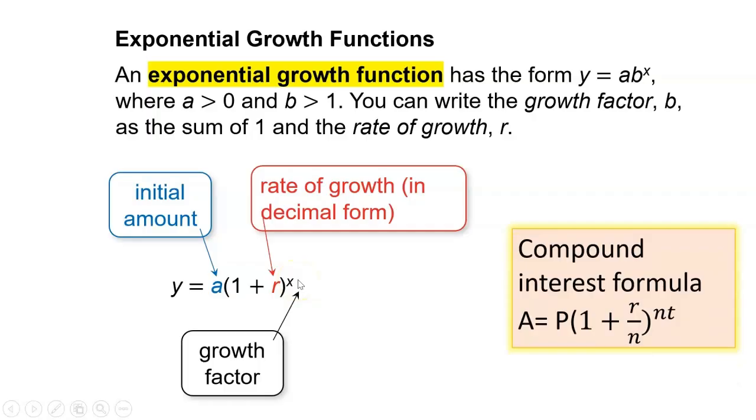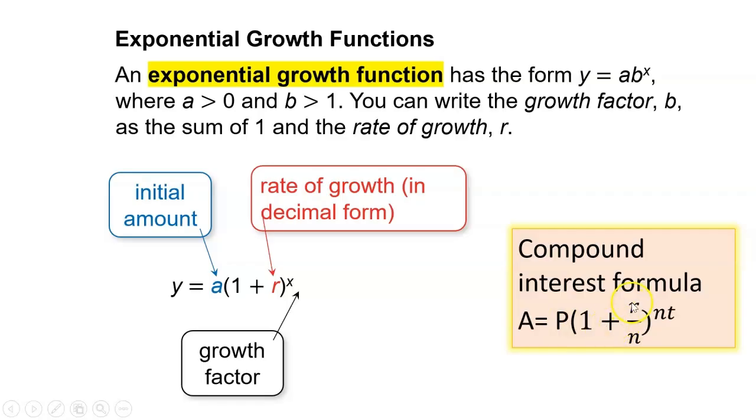Now let's compare it with the compound interest formula, where A = P(1 + r/n)^(nt). Here A is always the amount, if you want to calculate the total amount you're going to get after some years of investment, where P represents the principal, that is the money invested.